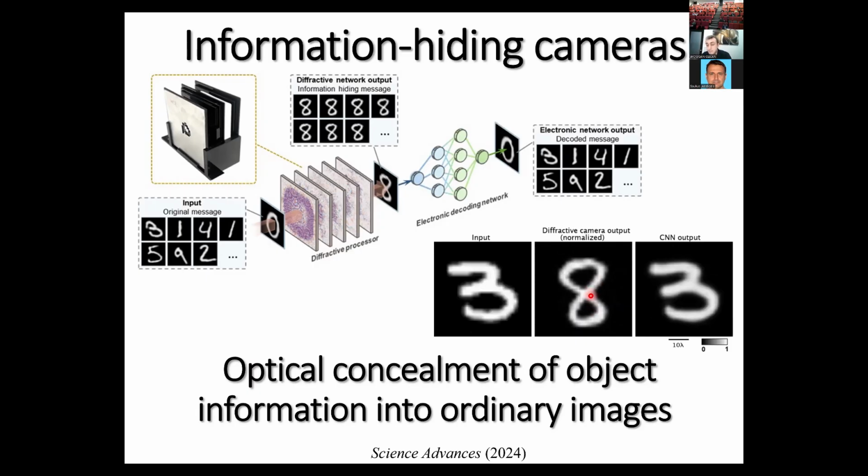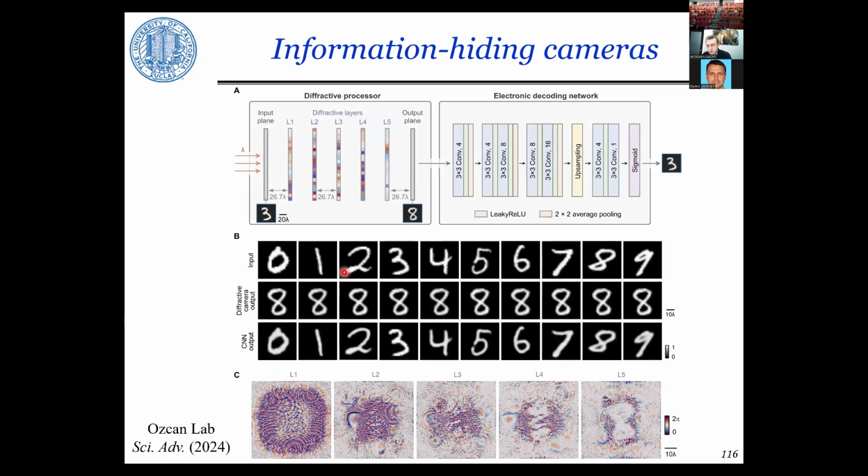So we optically conceal the object information into ordinary images to deceive the human observer, but pass the information of interest to someone who has a jointly trained electronic decoding network. This system is trained with lots of examples and, of course, blindly tested. There are different kinds of loss functions, because first you need to be careful about how the images look: despite the inputs that you have, the images should look like ordinary, dummy-looking objects so that you deceive the observer.